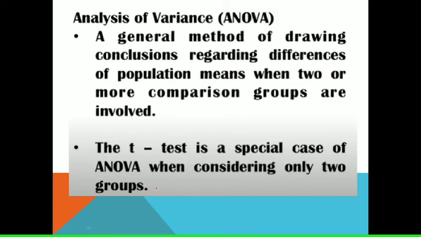So kung duha ka group, gamiton t-test, pero kung molapas na og duha, diri na mogamit og ANOVA, analysis of variance. Pwede gihapon ka mogamit og ANOVA sa duha ka groups, which is the t-test is a special case of ANOVA. Pero mosunod ka sa process sa pag-solve sa ANOVA para makuha nimo ang hypothesis.